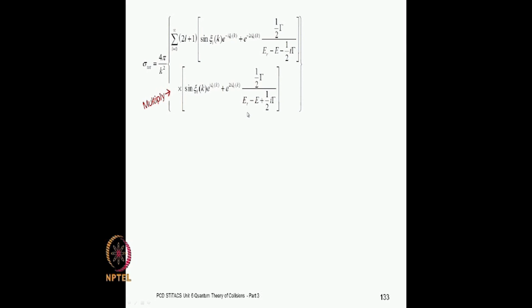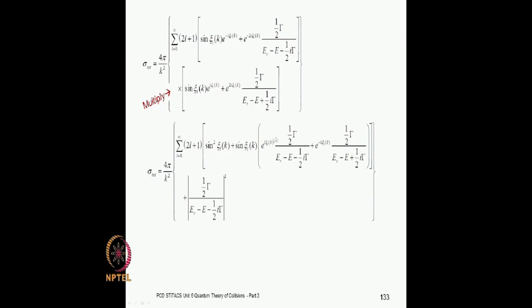So let us go ahead and carry out that multiplication. So you have got all of those terms. In the last term, the xi has disappeared. It is just the square of these two terms, the modulus square of these two terms, because these are complex conjugates of each other. And now when you take the cross terms, you have sin xi times this, and here you have got sin xi times this.